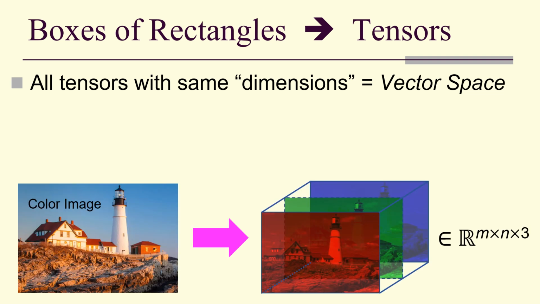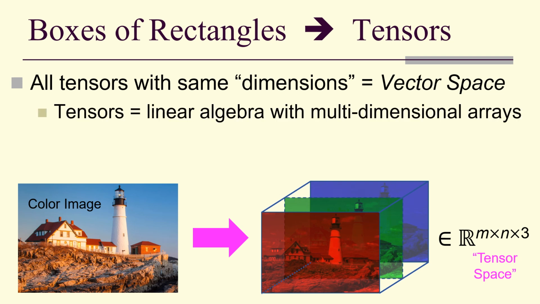So this color image is actually in R^(m×n×3). The picture is m tall by n wide and 3 different color channels. And this forms a vector space, which we often call a tensor space.